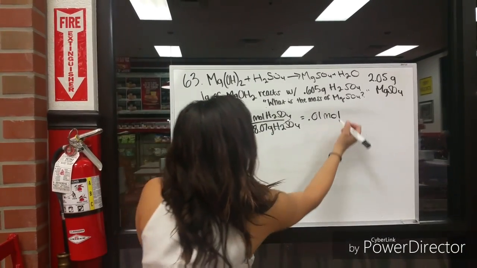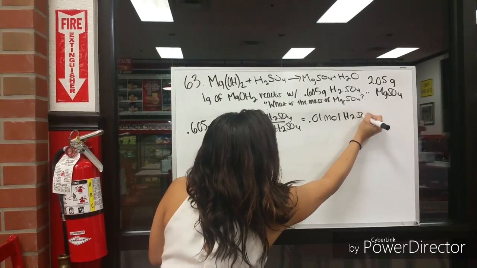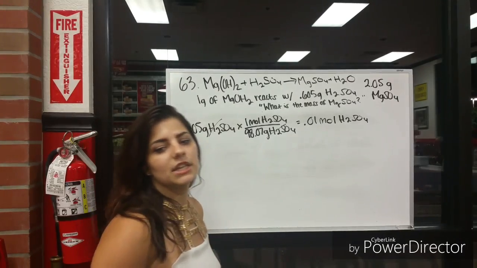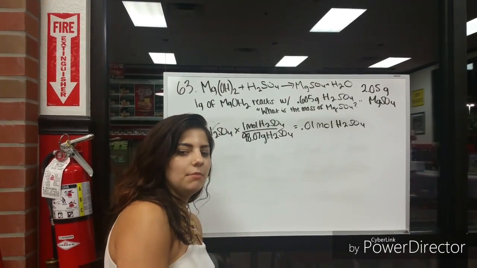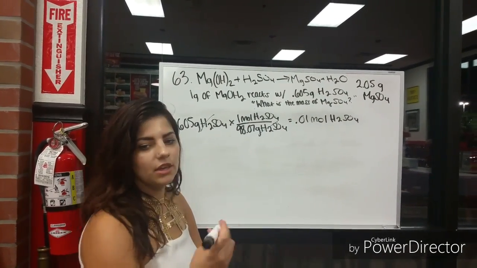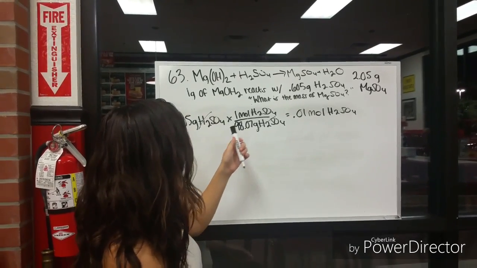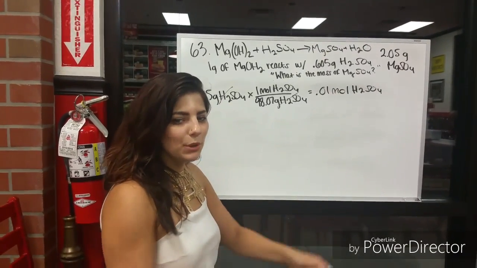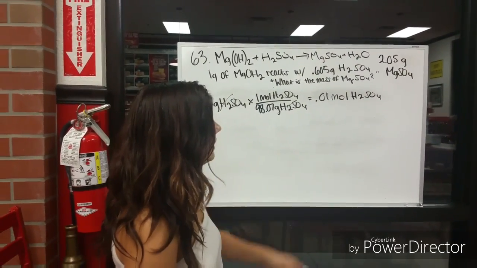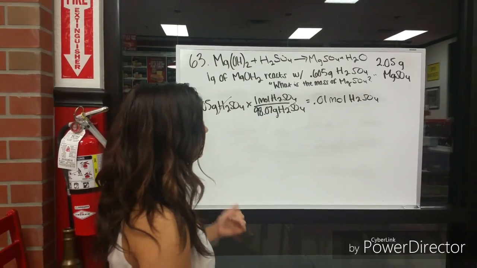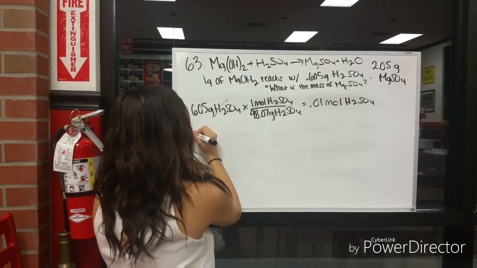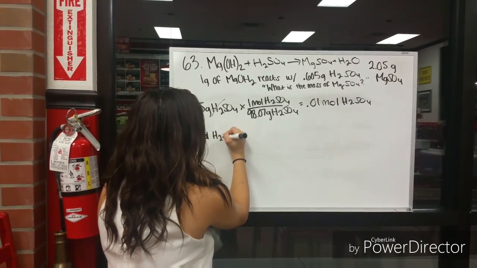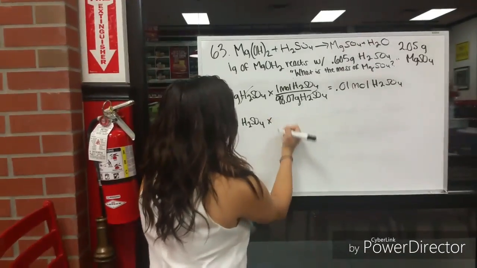of H2SO4. And so now that we have this in moles, we're going to get the mole form of MgSO4 now, because that's the one that we don't have. So we'll put 0.01 mole H2SO4.